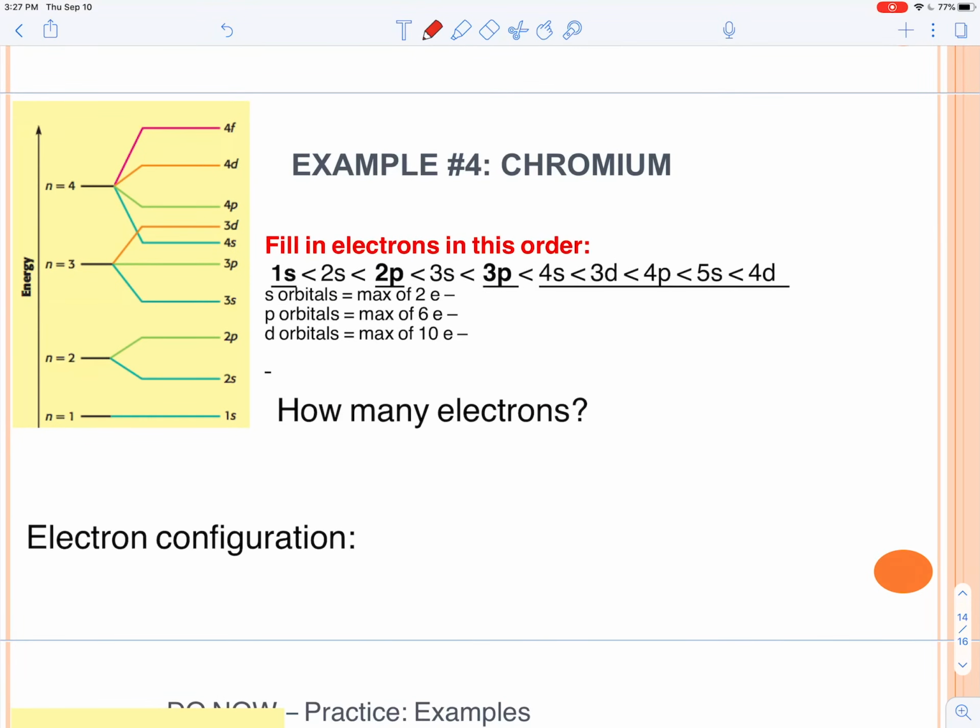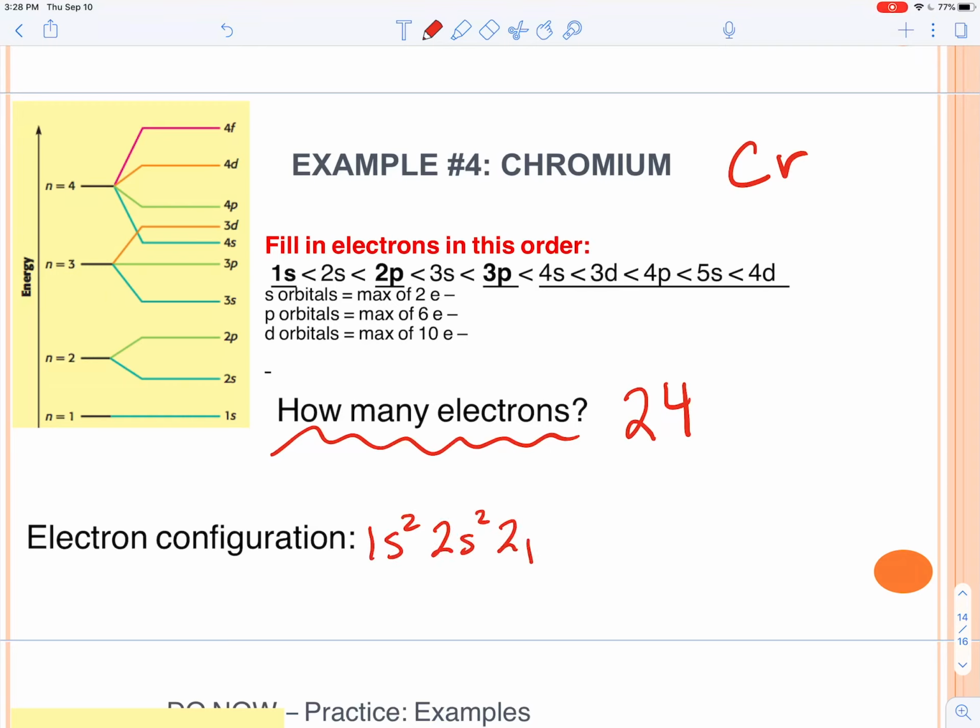Alright, so the last example, chromium. How many electrons? Go ahead and find chromium, Cr. 24 electrons is correct. So let's start with 1s2. Hopefully you kind of get the hang of this when you practice it. Again, I'm filling up the lower energy levels first, and then moving on to the higher energy levels.